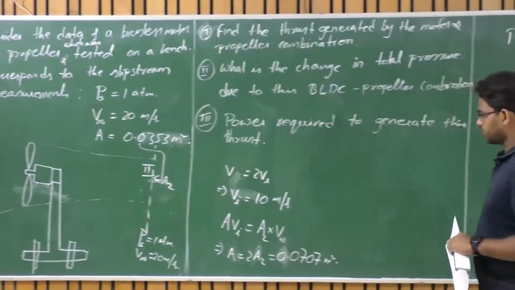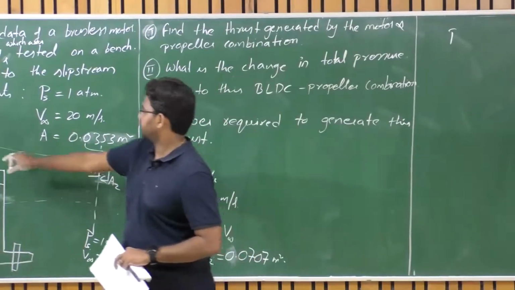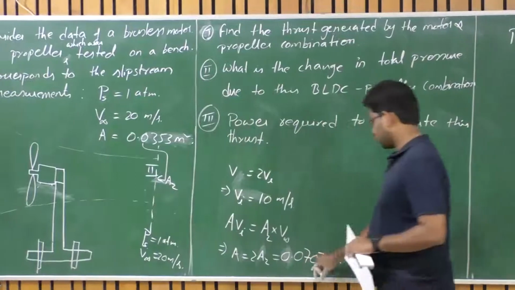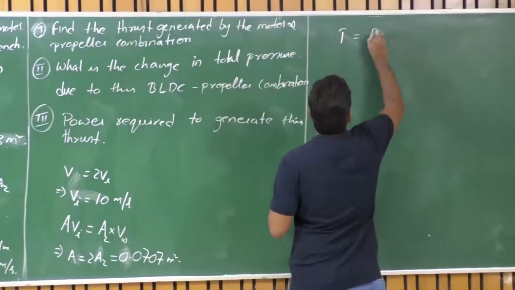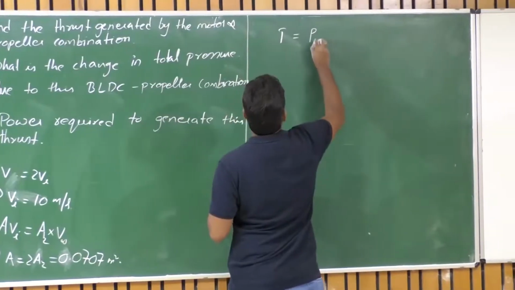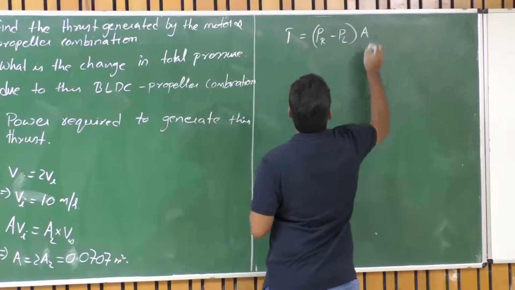So using this relationship, we figured out that the area of the disc is approximately 0.0707 meter square. So the thrust generated is equals to PR minus PL times the corresponding area, right?